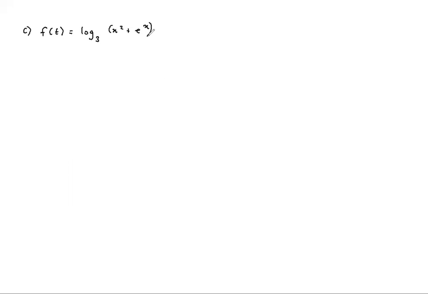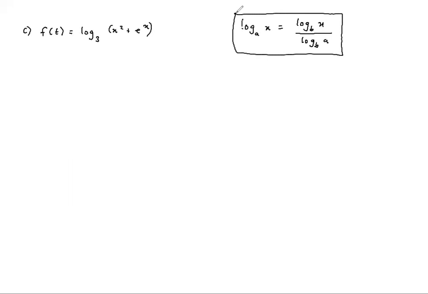Remember, we are able to change the base from a to b. This is the standard way of changing the base. So why can't we change the base here? We change the base to ln, and when I say ln, I mean log e. So it becomes ln of x squared plus e to the x, divided by ln 3.